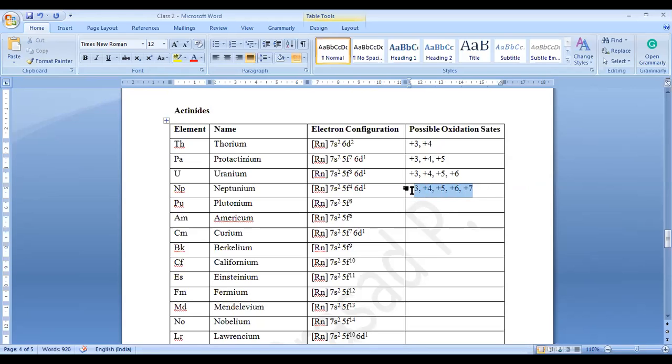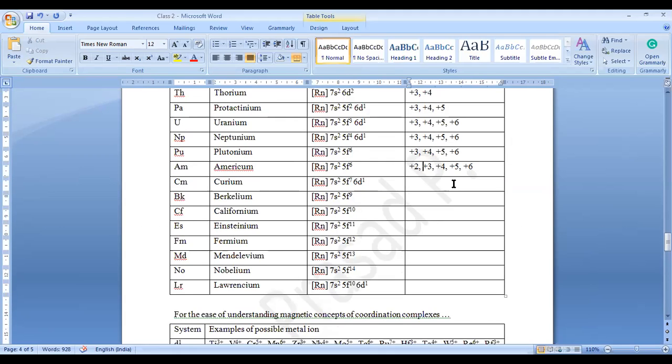Then the same thing is possible for the next one. How many did you get? 1, 2, 3, 4, 5. Then it is plus 2, plus 3, plus 4, plus 5, and plus 6.